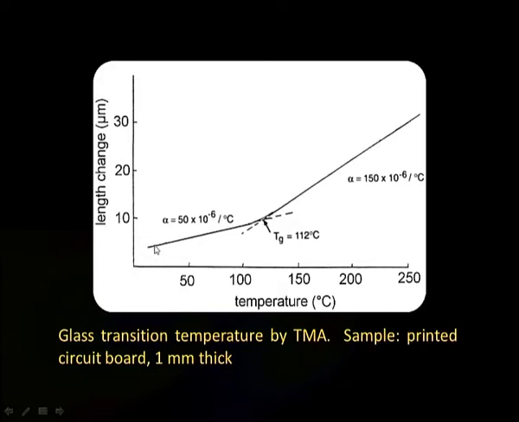Initially, this change is linear, and at around 112 degrees we see another slope of the curve, and both these lines show an intersection around 112 degrees C. The value of alpha in the first case is 50 into 10 raised to the power minus 6, whereas in the second case it is 150 into 10 raised to the power minus 6 per degree Celsius.